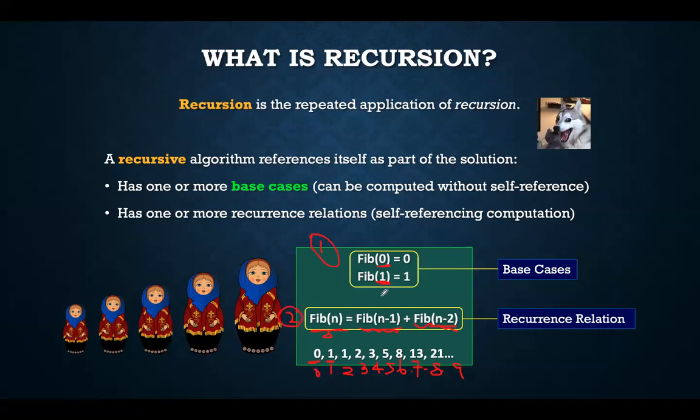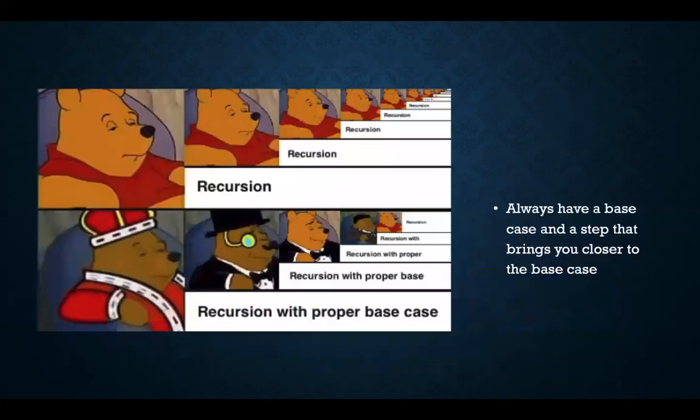So whenever you want to come up with a recursive solution, you always have to think about what the base case is for this problem, and what the recurrence relation should be. You have to think about these two parts to come up with the complete solution for a problem using recursion. Okay, so the job of the recursive case can be seen as breaking down complex inputs into simpler ones.